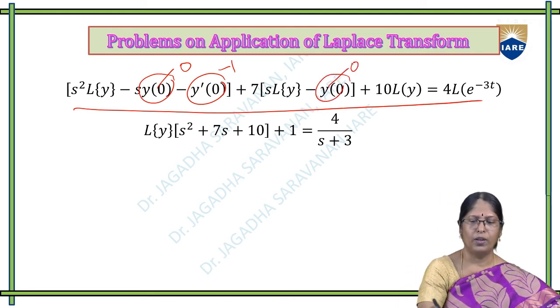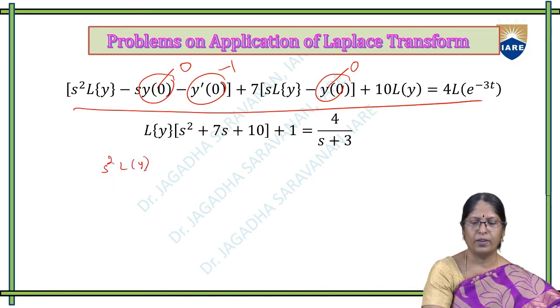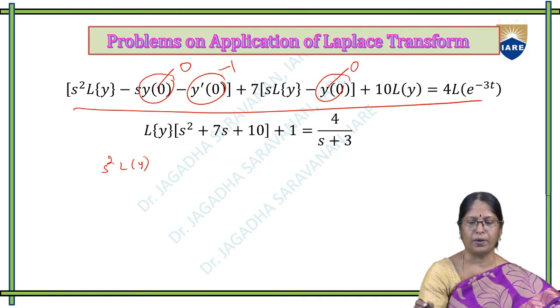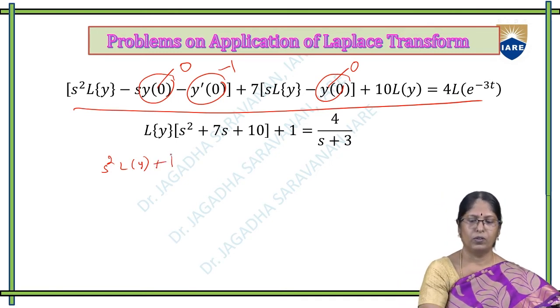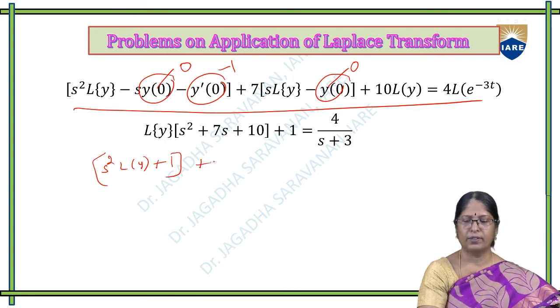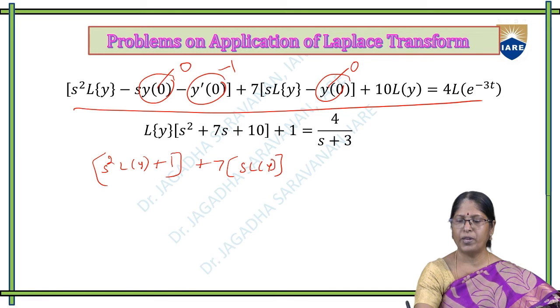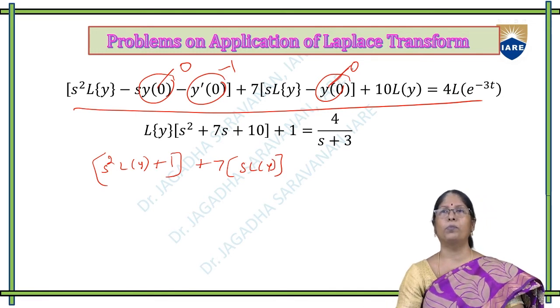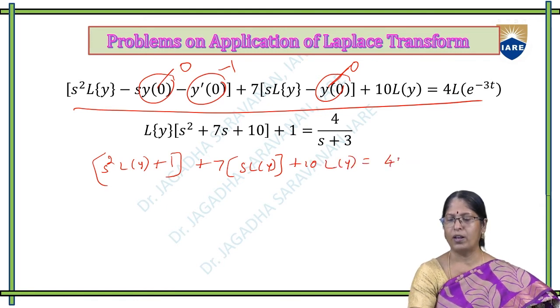So now, s square L of y, in that place we are putting plus 1, plus 7 s L of y, which has become 0 according to our problem condition, plus 10 L of y equal to 4 L of e power minus 3t.